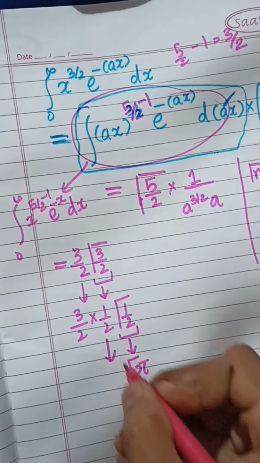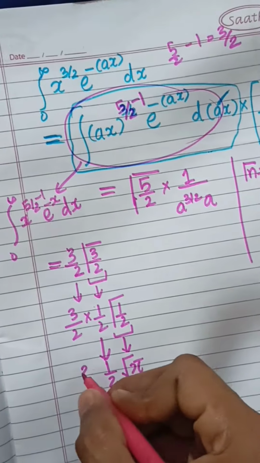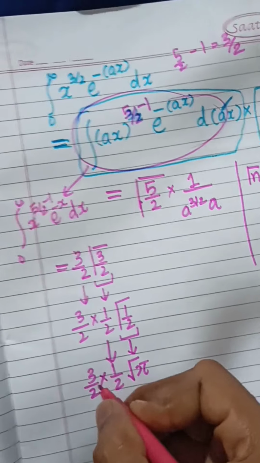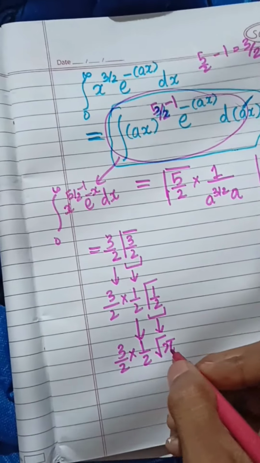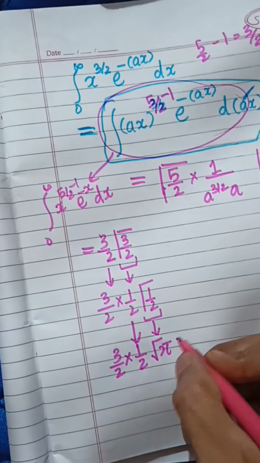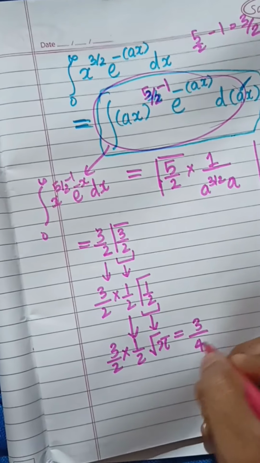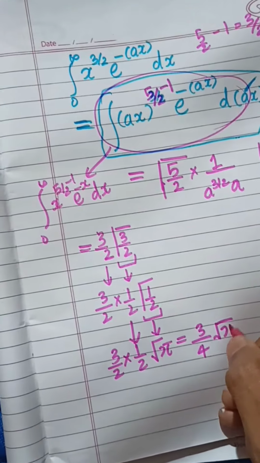So 3 by 2 times 1 by 2 times root pi, so that is 3 by 4 root pi.